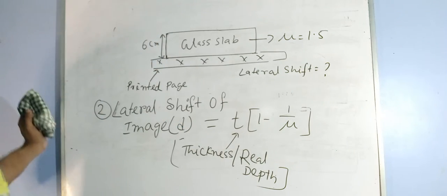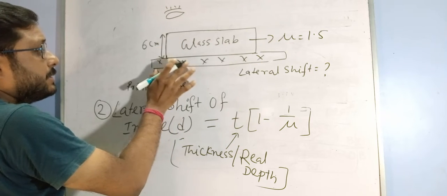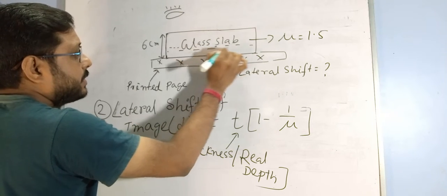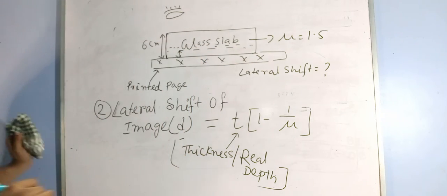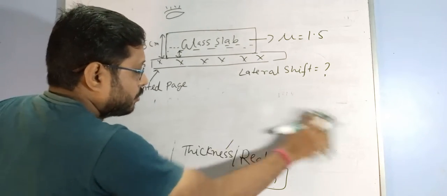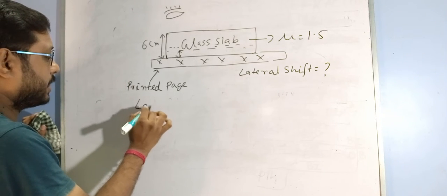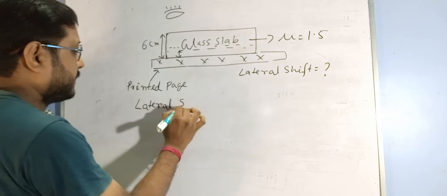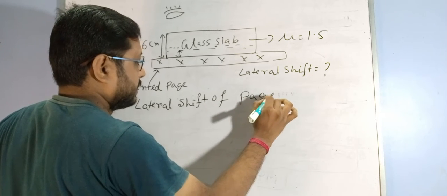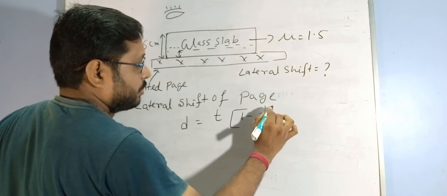What is lateral shift? When we see the page from the top, we do not see the page at this position, we see the page raised above. Then how much is the shifting? From this formula, lateral shift d equals t into 1 minus 1 by mu.